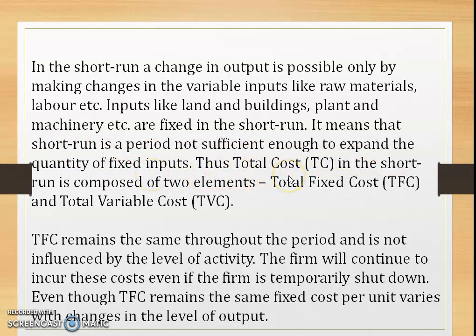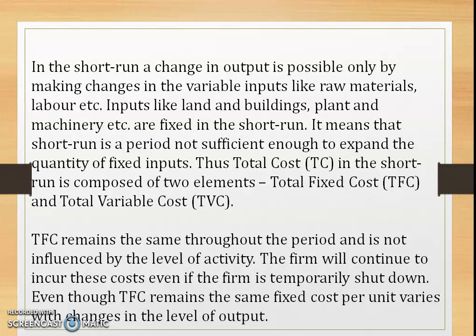Thus, the total cost in the short run is composed of two elements, which is a sum of total fixed cost and total variable cost. Total fixed cost remains the same throughout the period and it is not influenced by the level of activity.